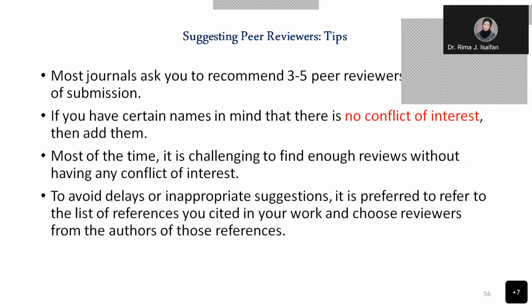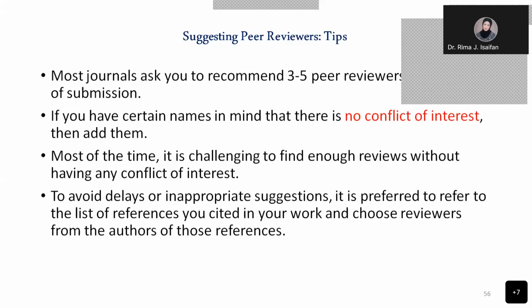It can be somebody who didn't fund your work, somebody who is, preferably, outside your institution. And that makes the mission very complicated when we want to suggest reviewers who we don't know, who don't know us, who are experts, and who are willing to review our work free of charge, etc.